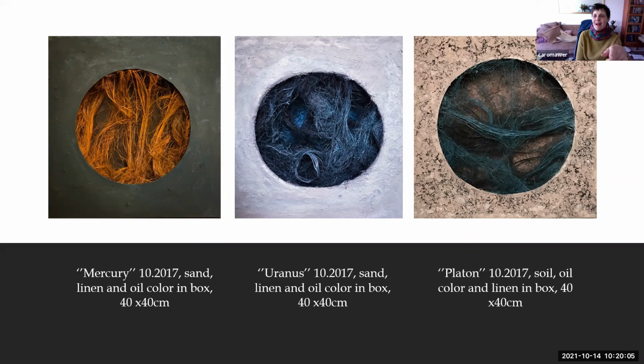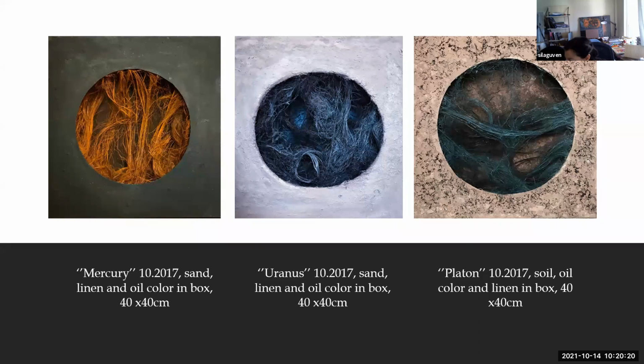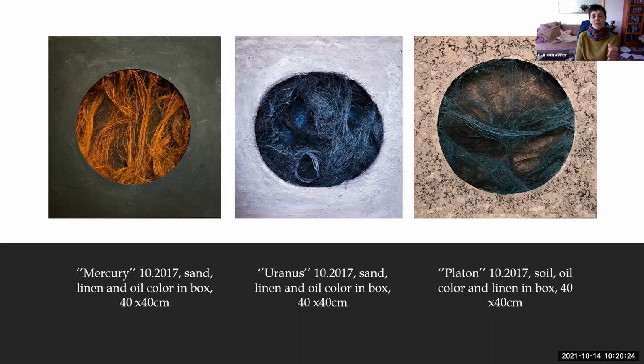Can you say more about how you made these, please? Did you get a box and move your linen around? Can you say more about how you made those ones in a box? Did you have the box with a hole in it and shove stuff through the hole, or did you make the open box? I made the boxes myself.